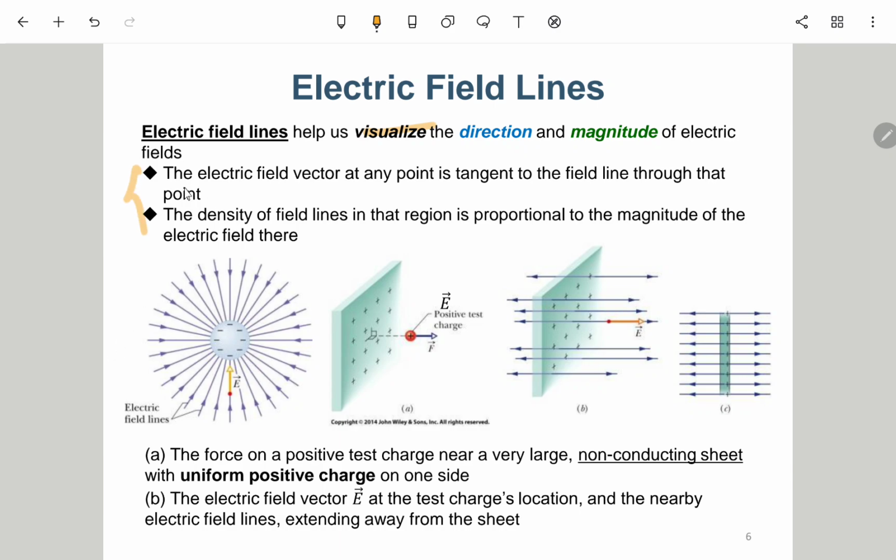So the first one is that the electric field vector at any point is tangent to the field line through that point.